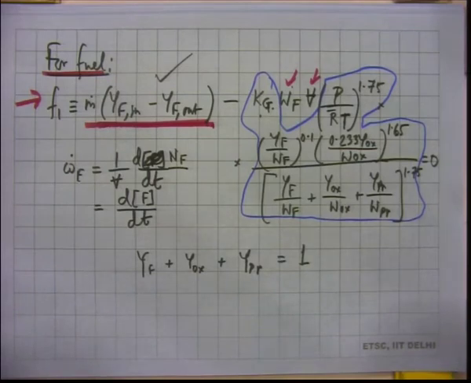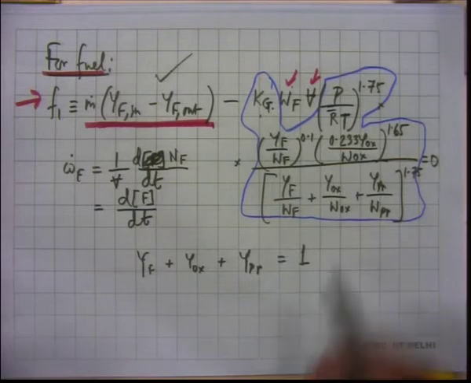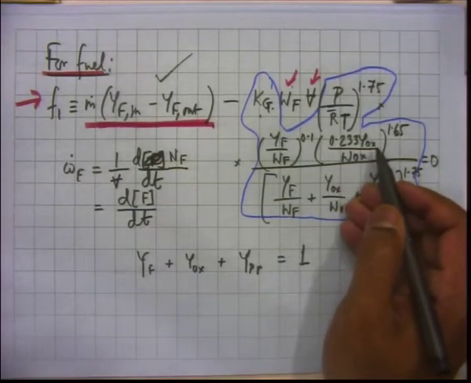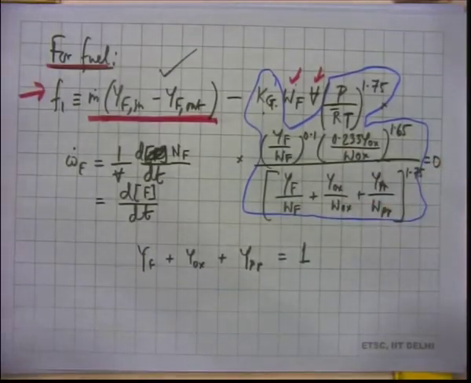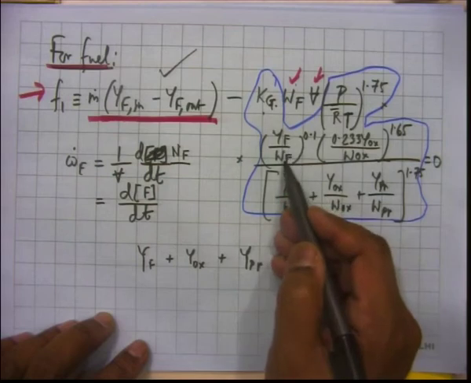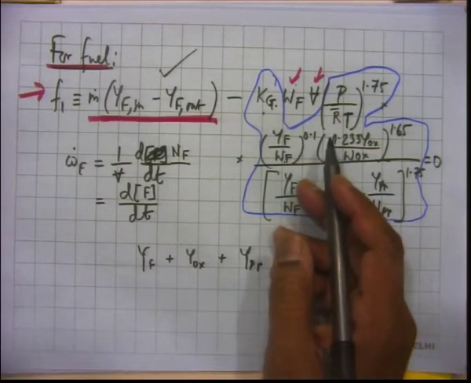There is just one little thing that we have not said so far, that is this 0.233 into Y OX. Where does this come from? So, this Y F by W F is easy, because this must be from the fuel concentration.